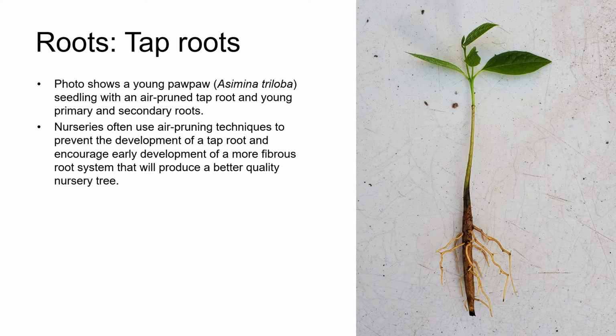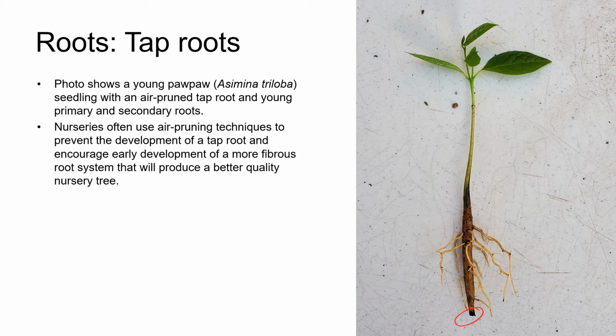The photo here shows a young pawpaw seedling with an air-pruned taproot and young secondary and a few tertiary roots that you can't really see very well. But you can see here that the taproot has a blunt end.